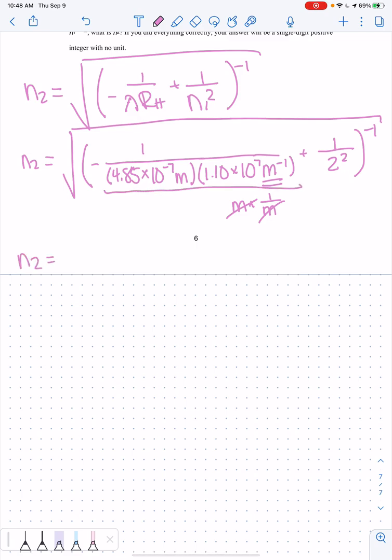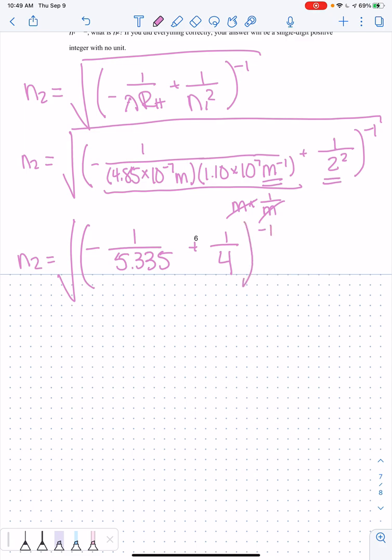So we have n squared, big square root, and then this number should be 1 over 5.335 plus 1 over 4 from this last part. All of this is still to the minus 1 power, and then we close the square root.